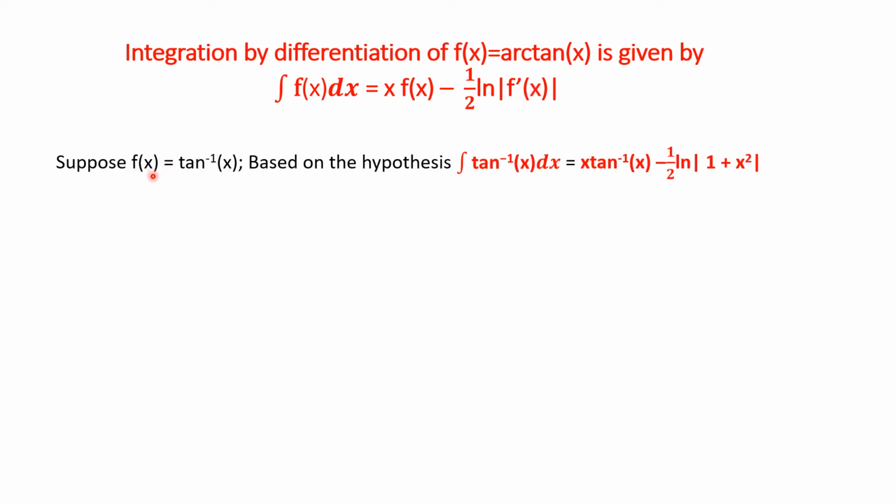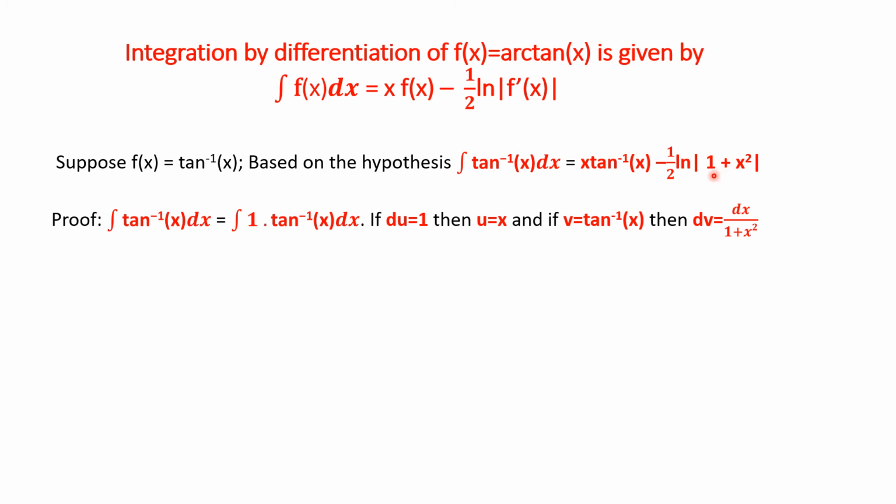Suppose f of x equal to tan inverse of x. Based on the hypothesis, the integration of tan inverse of x dx equals x tan inverse of x minus half ln of the absolute value of 1 plus x squared. The absolute value is not necessary because the value is positive anyway.